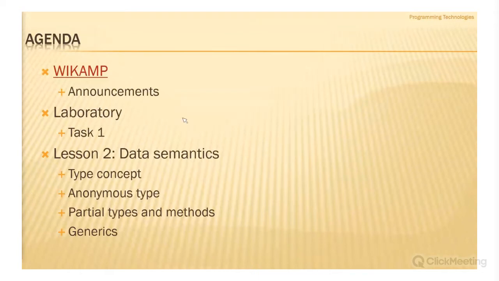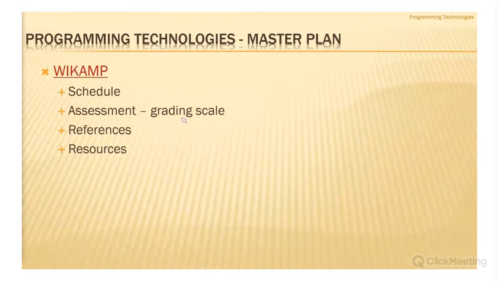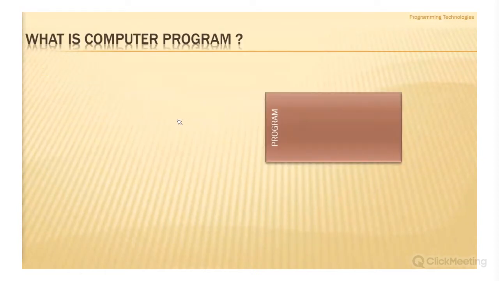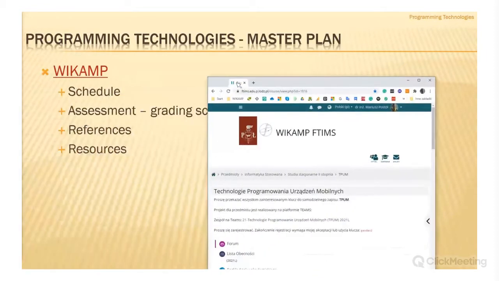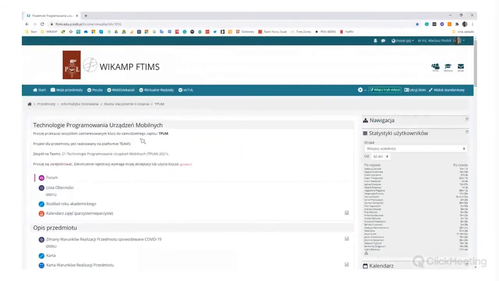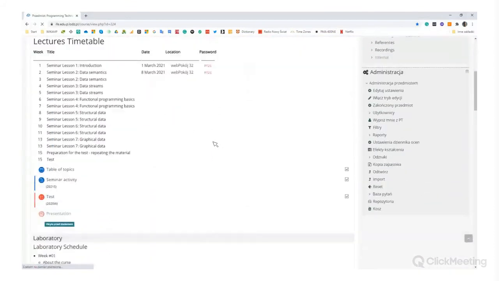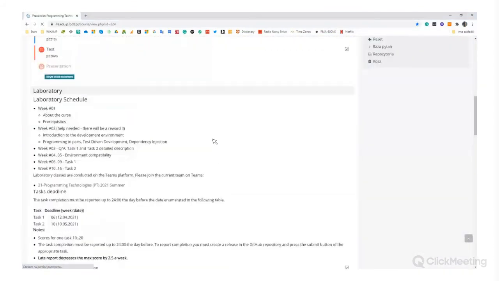Okay, so let's go to programming technologies master plan, schedule, assessment, defense, resources. Okay, we discussed it. So let's go to the vCamp. Where is the vCamp? Because it's somewhere over there. It's not your classes. Let's open your classes now. Okay.